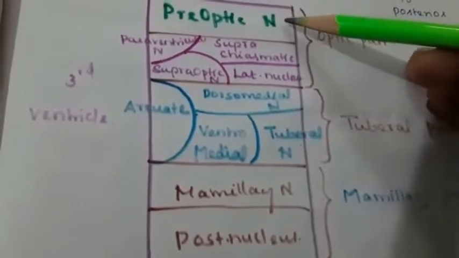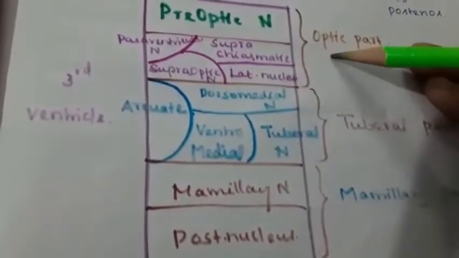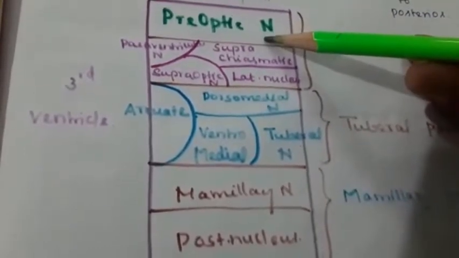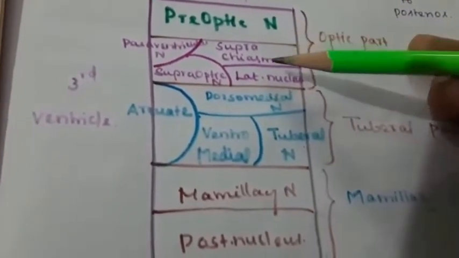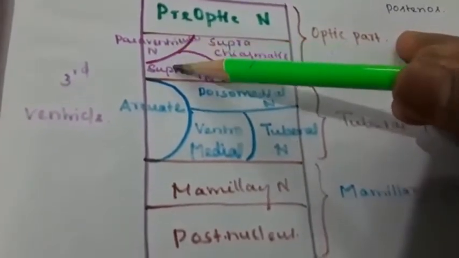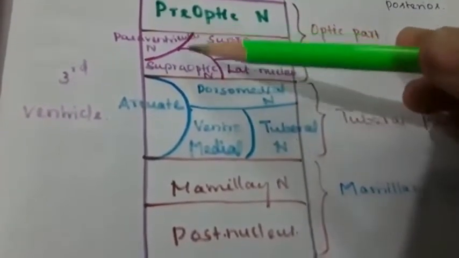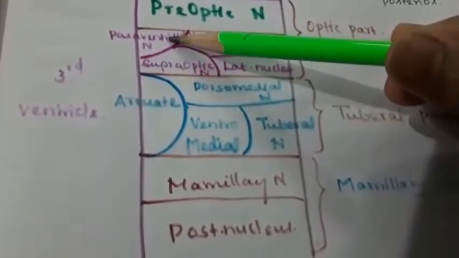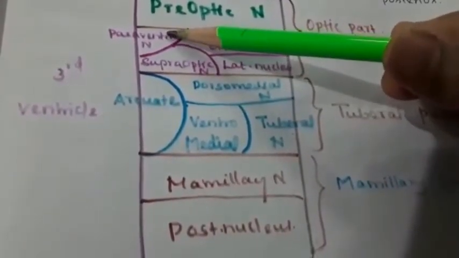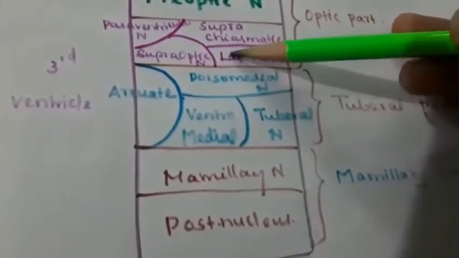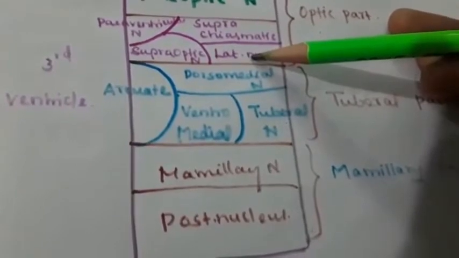Now let's see the various nuclei which are present in the optic part. In the optic part there are the preoptic nuclei, and look here, the paraventricular nucleus just above the supraoptic nucleus. This is the supraoptic nucleus. Just above the supraoptic nuclei we can find the paraventricular nuclei, and in the lateral part we can find the lateral nuclei, also known as the anterior nuclei.